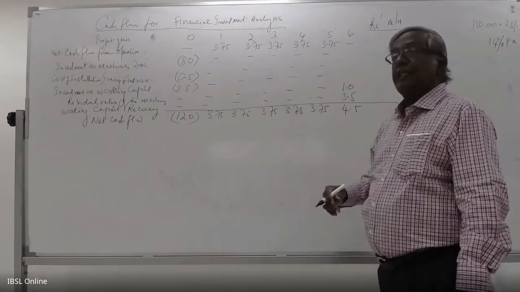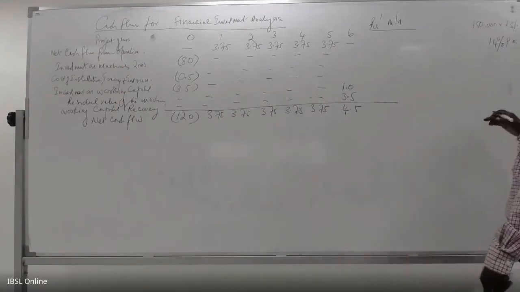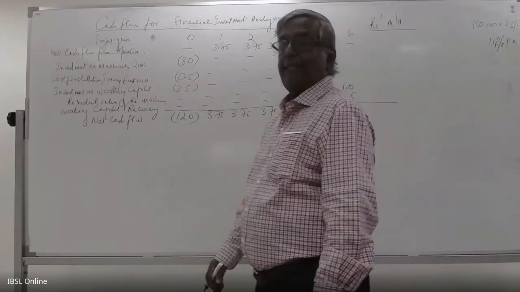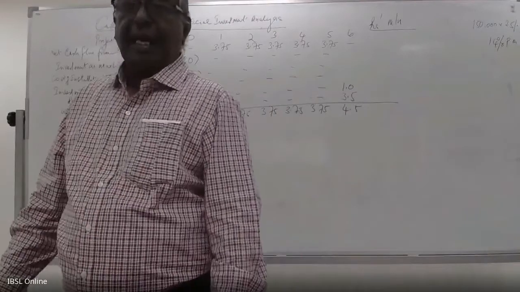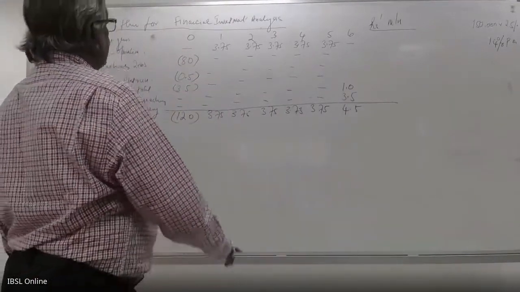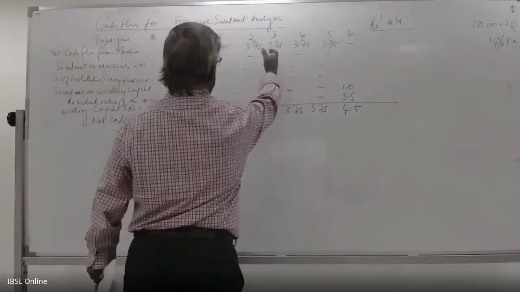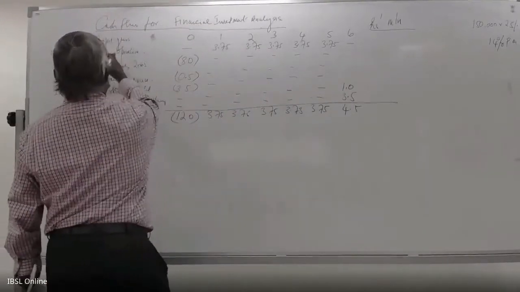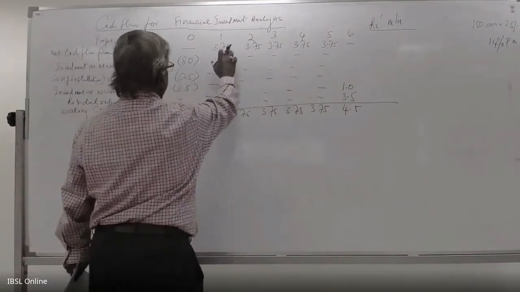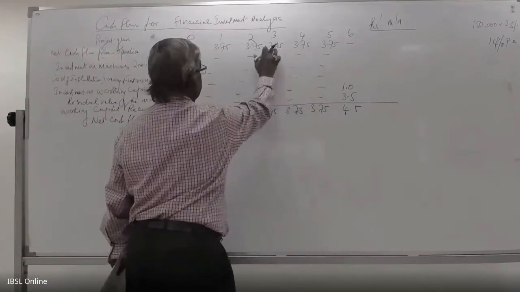So annually, from 150,000 units, they are getting 3.75 million. That is the cash inflow, 3.75 million each year. This is the net cash flow from the operation. 3.75, years 1, 2, 3, 4, 5.